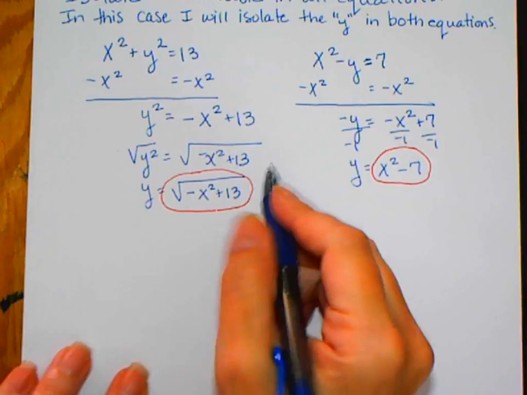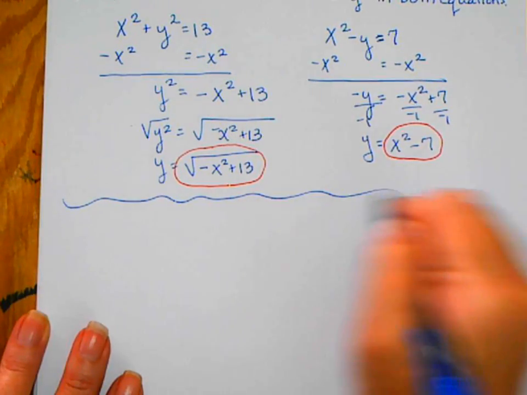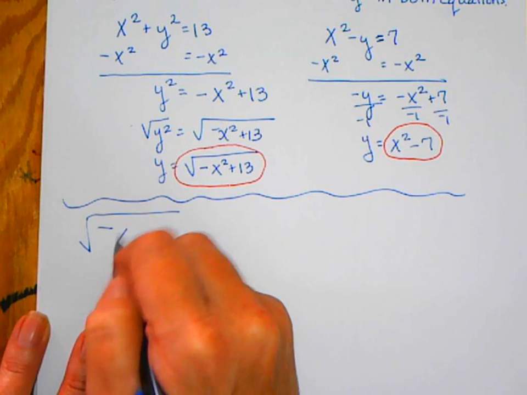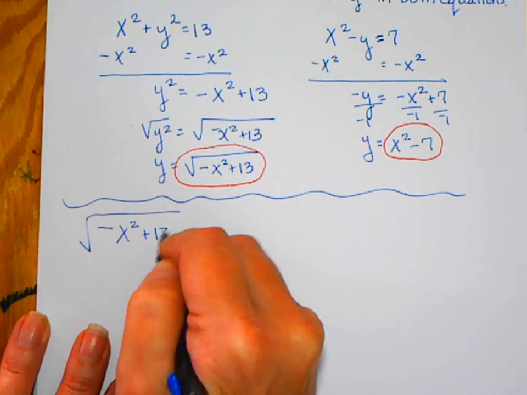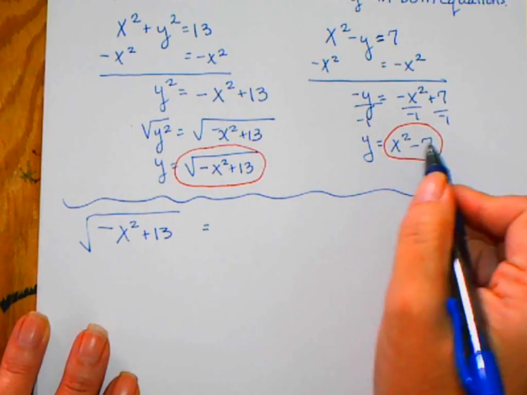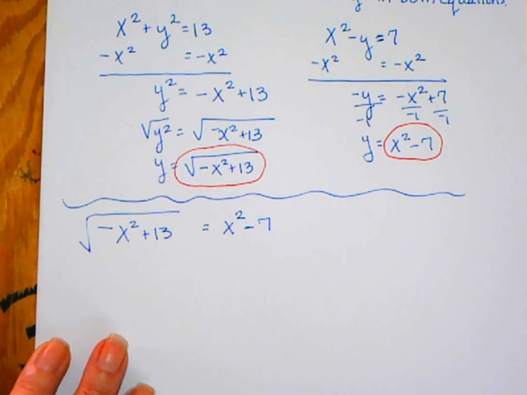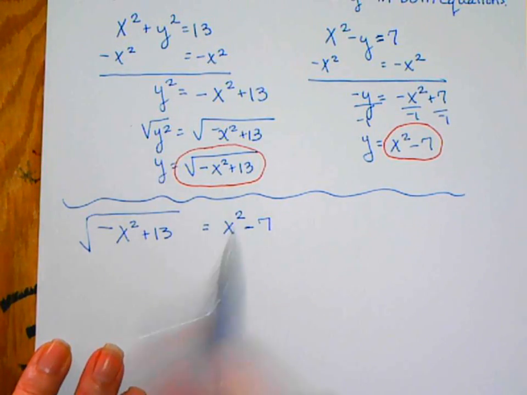So I'll just say the square root of negative x squared plus 13 equals x squared minus 7. And I want to solve for x. Can I add this x squared to both sides?